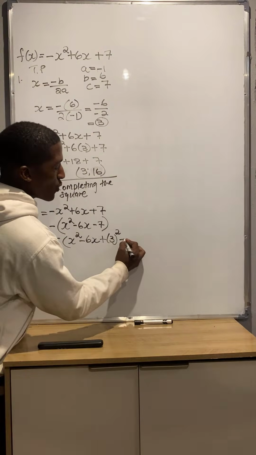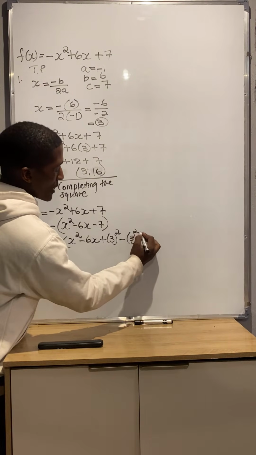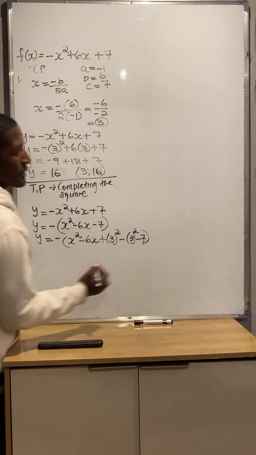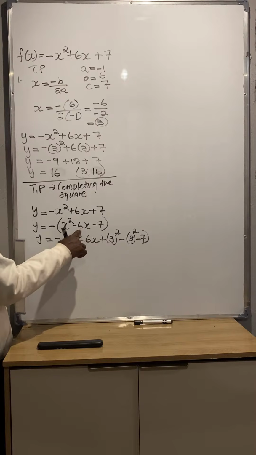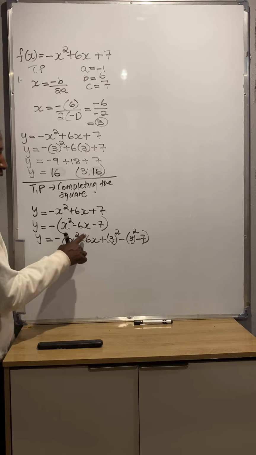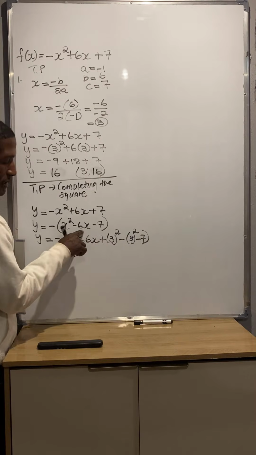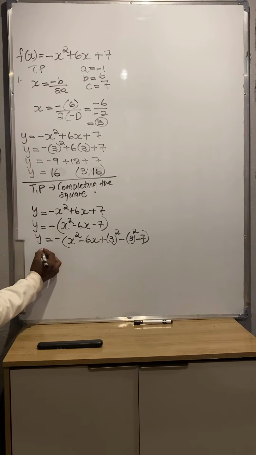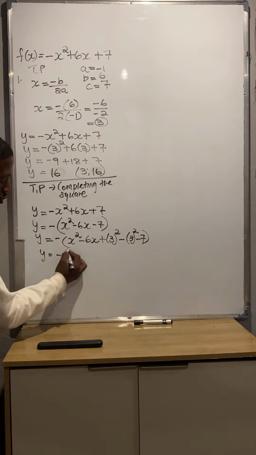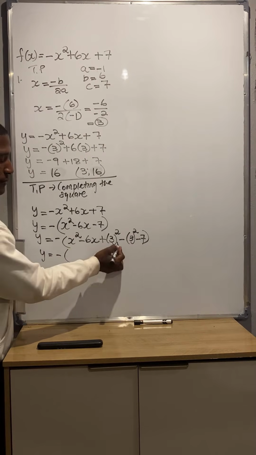Then we are also going to subtract 3 squared, minus 7. Guys, we don't add half of 6, we keep 3. We don't add 3 squared, we subtract it. Then what do we do? We factorize this one.